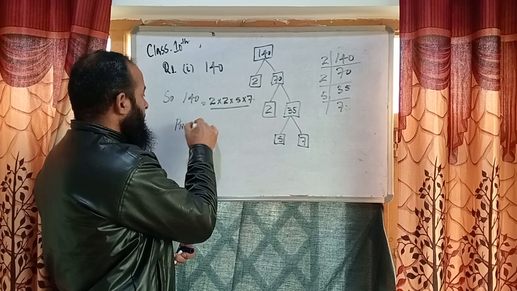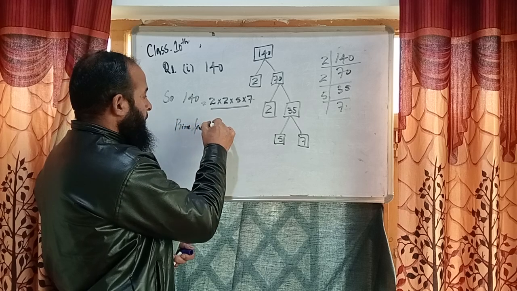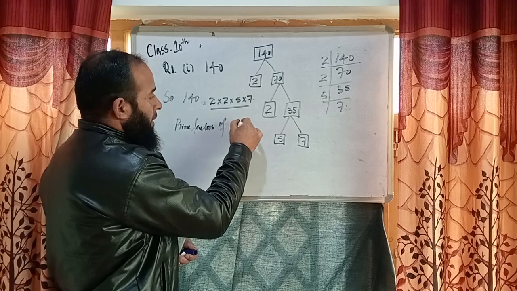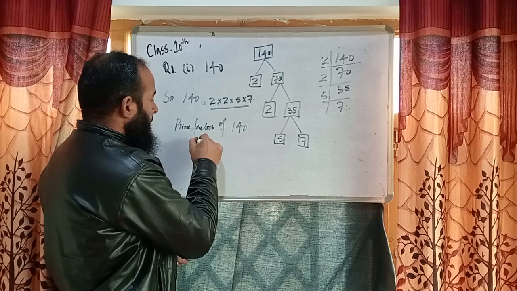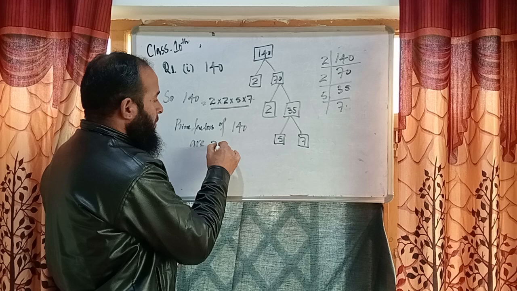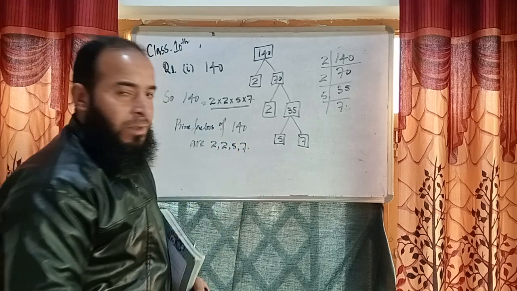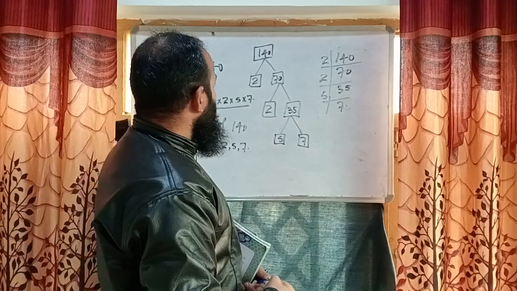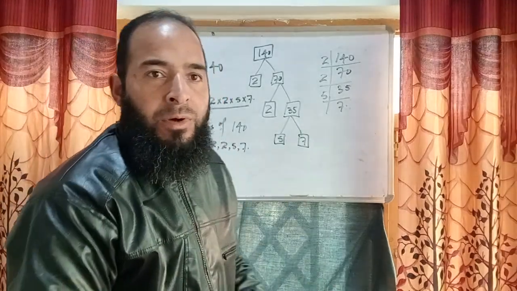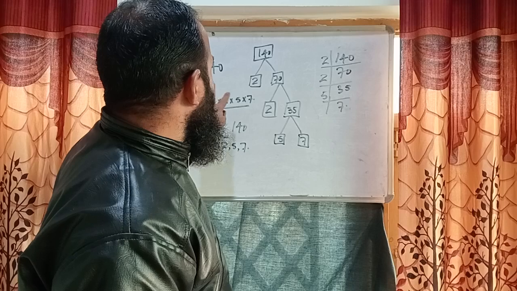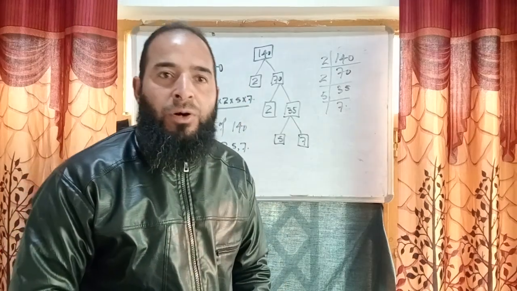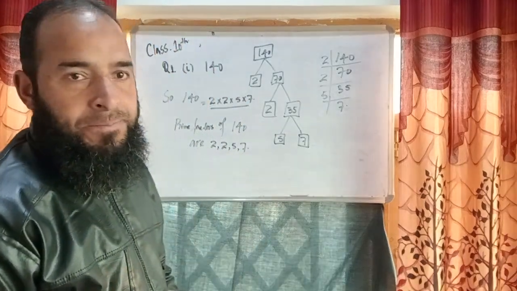Prime factors of 140 are 2, 2, 5 and 7. This is how we find the prime factors of any composite number.